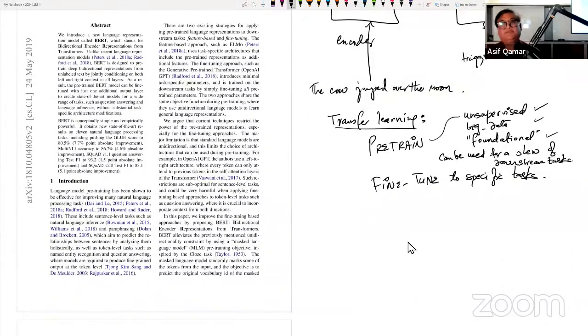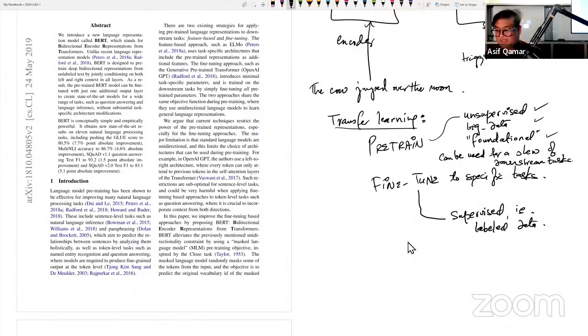Just a quick follow-up on that. In the case of that stock market example, would the fine-tuning be with the data specific to the stock market, or does it have nothing to do with it? Data specific to the stock market. Fine-tuning is supervised, i.e. labeled data.